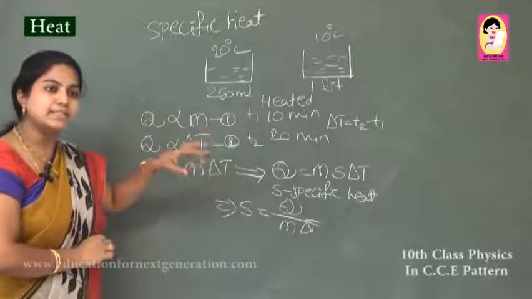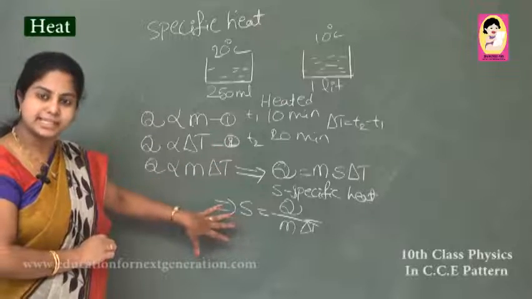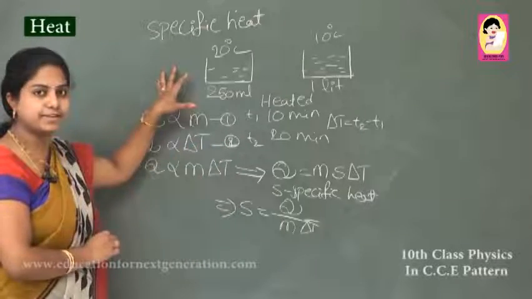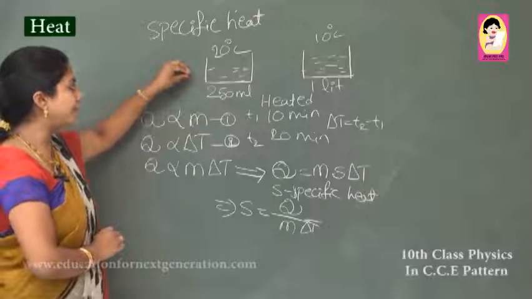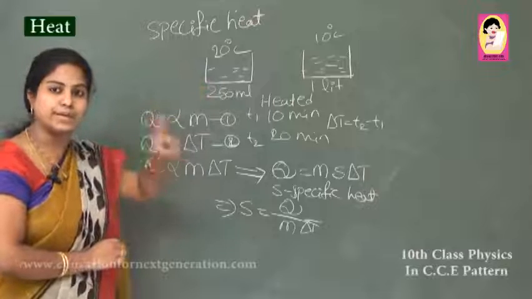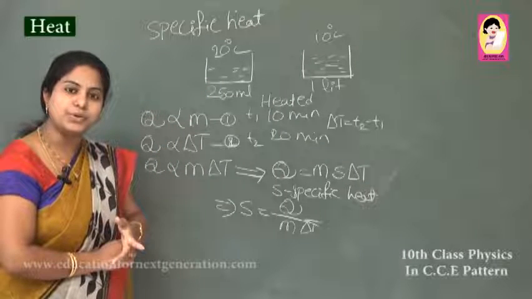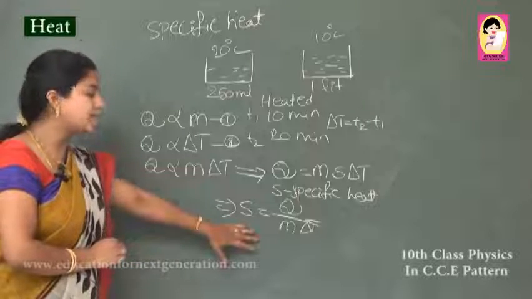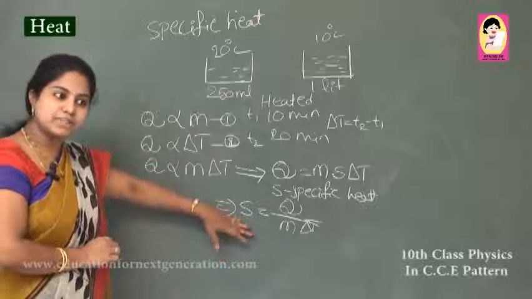The definition of specific heat is the amount of heat required to raise the temperature of 1 gram of the solution by 1 unit. For 1 gram of the solution by 1 unit, how much heat is required? That is known as specific heat.